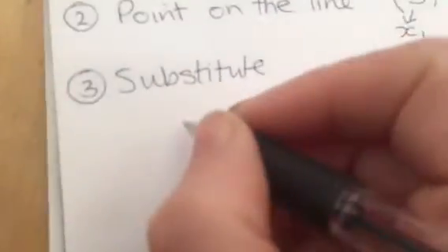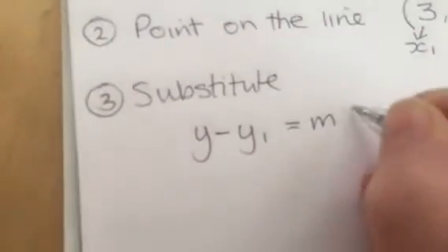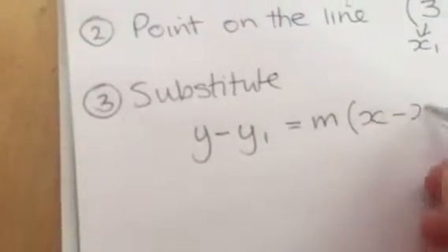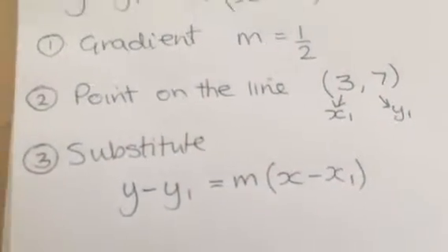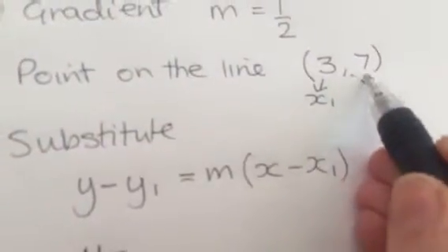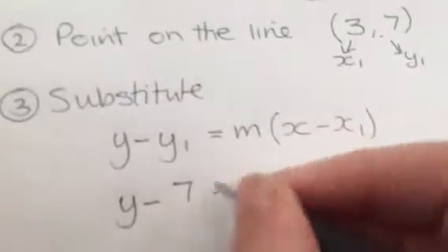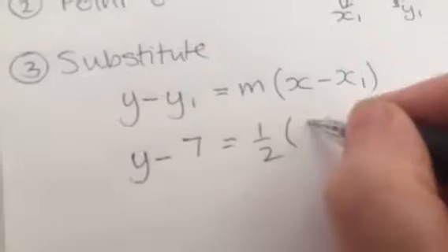The examiners are very keen on people always writing out the equations that they're using. So in the exam, make sure you write y minus y1 equals m(x minus x1) and substitute. So y minus y1 is y minus 7 equals m, the gradient of a half, times x minus x1, so it's x minus 3.